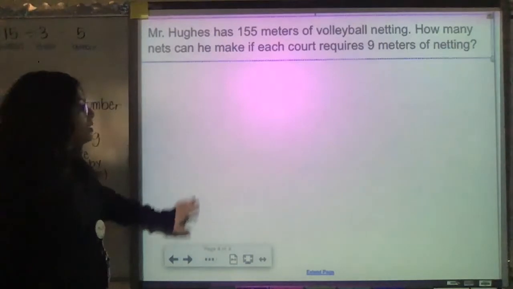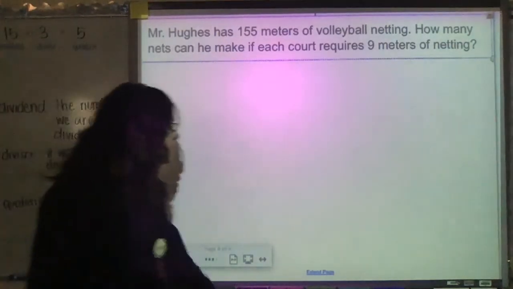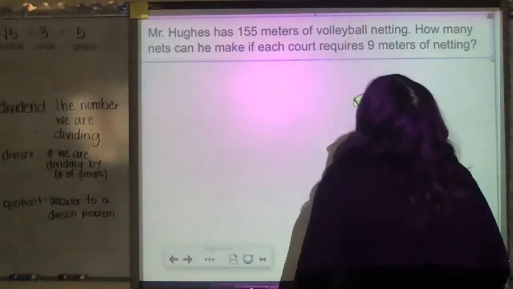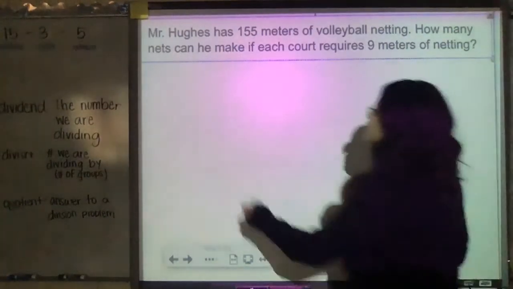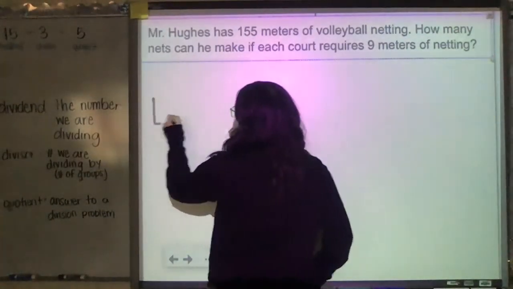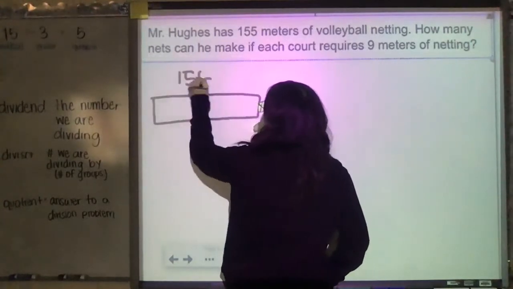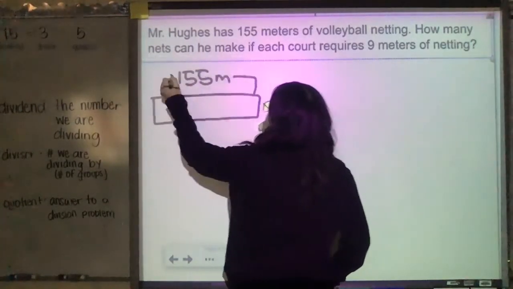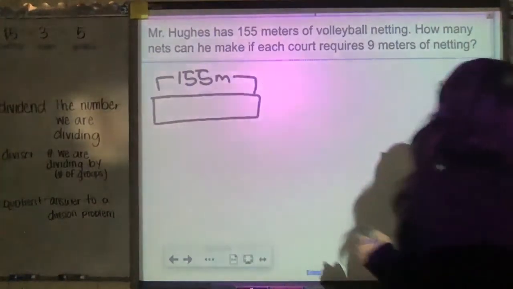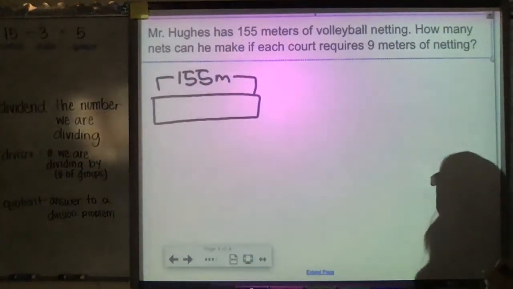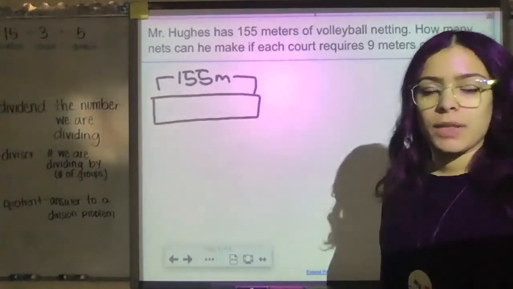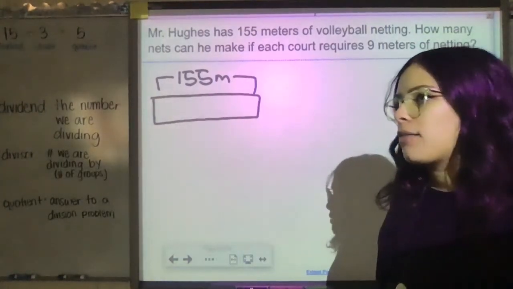All right, let's take a look at Mr. Hughes. He's got some volleyball nets to set up. He has 155 meters. So I know that's the total. We are looking at 155. How many nets can he make if each court requires 9 meters of netting? So I'm thinking, well, each court is going to have 9 meters.